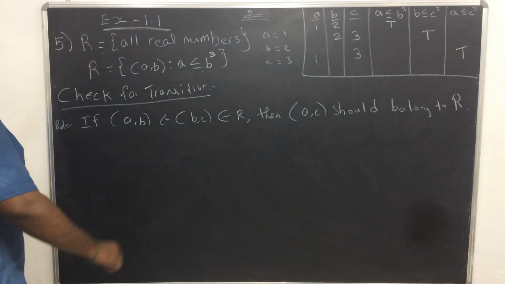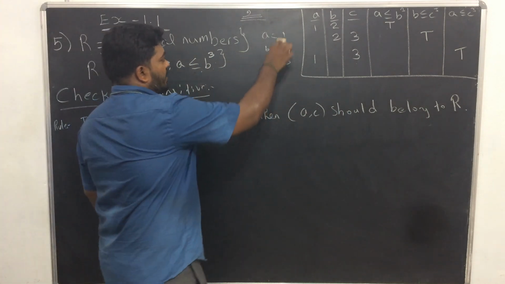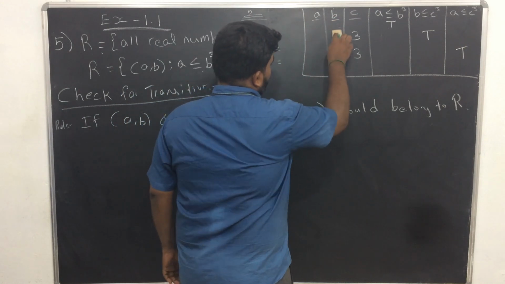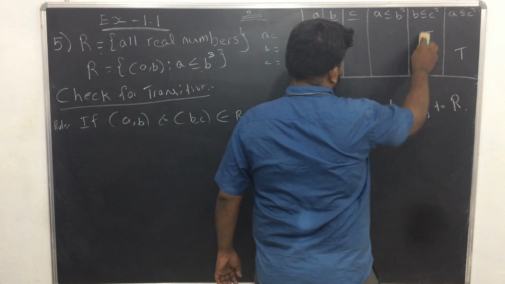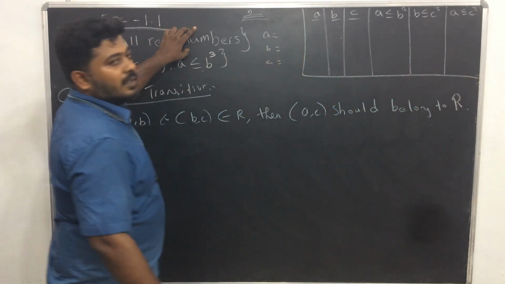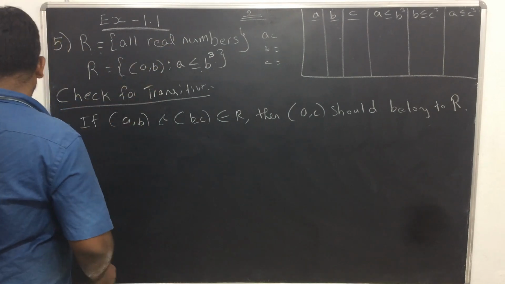Now for this set of elements, this relation might seem to be transitive, but that is not the case. We can't blindly say this is transitive because we checked just one possible combination. There are plenty of possible combinations because this set is infinite for all real numbers.